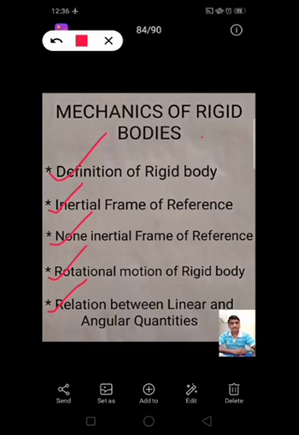Torque is defined as the vector product between position vector and force. Tau is equal to R cross F. Tau is torque and we can define angular momentum J as r cross p. R is radius vector and p is momentum vector.